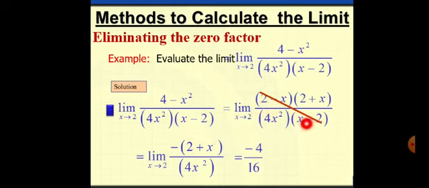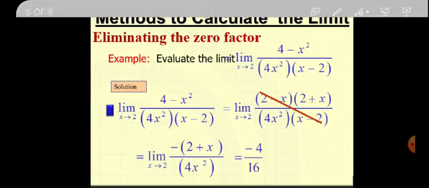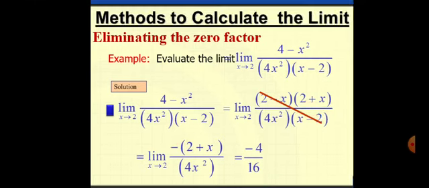So if we take a negative outside from this bracket, it will be x minus 2 to be cancelled with this one, and so we have a negative here, negative 2 plus x. Now substitute x equals 2, so the final answer is negative 4 over 16, which we can simplify to negative 1 over 4.